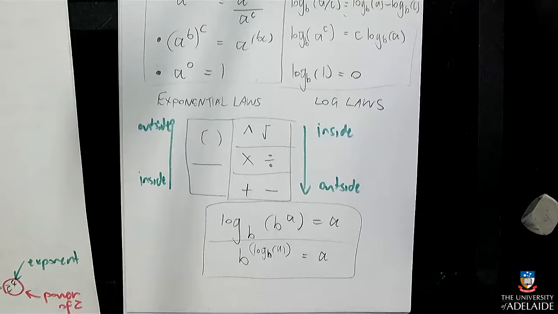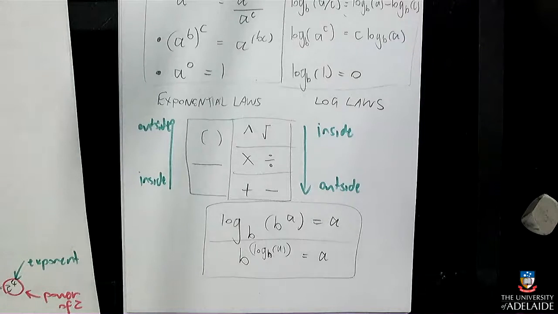What this means is that log base b is called the inverse of b to the power of a. If you do b to the power of a and then you do log b of the answer, you will get a back. And if you do log base b of a and then you do b to the power of that, you'll get a back. That's because they're the reverses of each other.